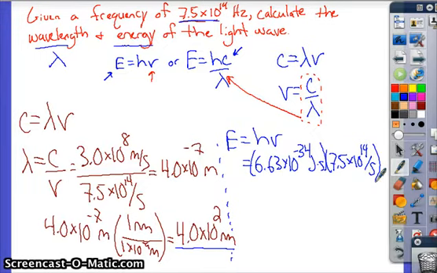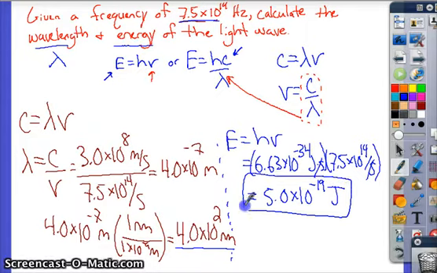You're going to see that seconds will end up canceling. We're left with just joules, which makes sense because we are solving for energy. And in this case, our value will be 5.0 times 10 to the negative 19 joules. So we have our given amount of energy, and we have our associated wavelength.